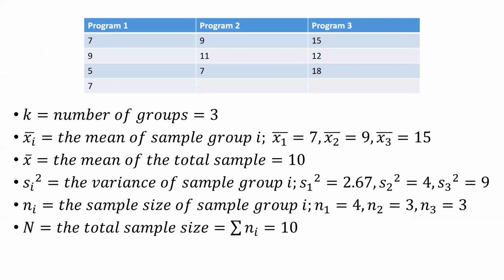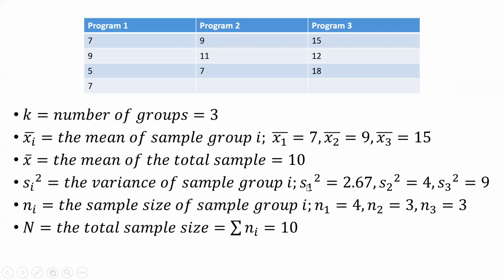Okay, so we copied the data up here on the top of the slide. There's 3 groups. The first mean is 7, the second mean is 9, and the third mean is 15. The mean of the total is 10. Take all of them and take the mean, that's 10. The variance per group is 2.67 for the first group, 4 for the second group, and 9 for the third group.